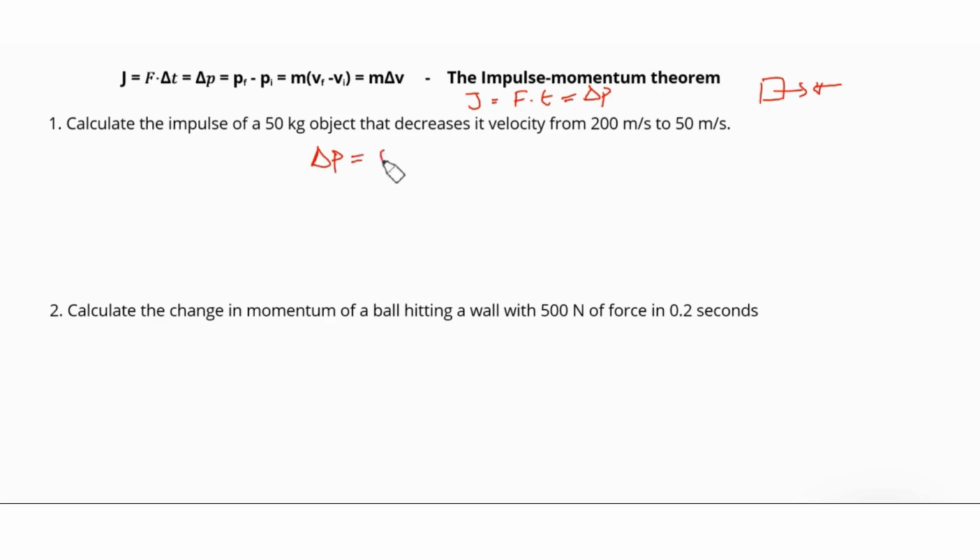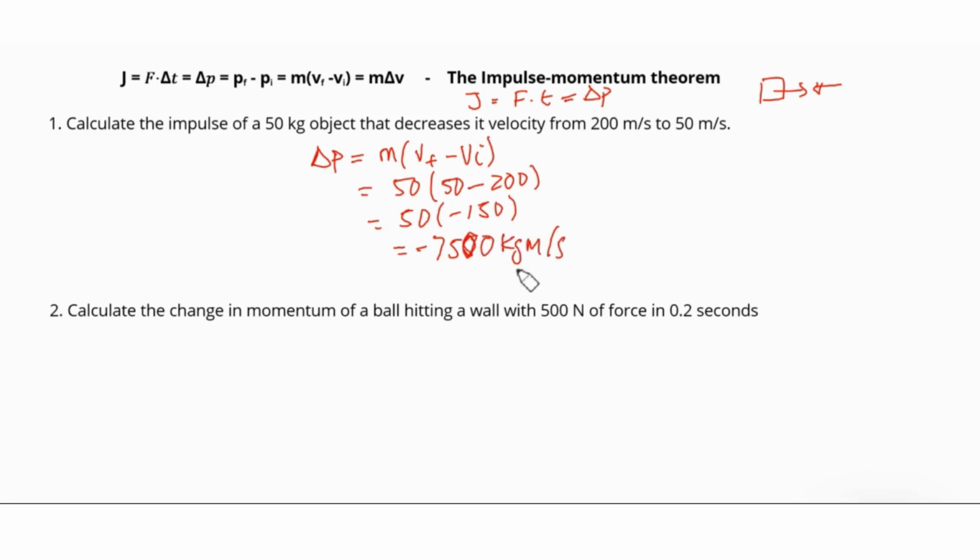The change in momentum is m(v_f minus v_i), which is 50, times v_f is 50 minus 200, which gives you 50 times negative 150, which is negative 7,500 kg·m/s.